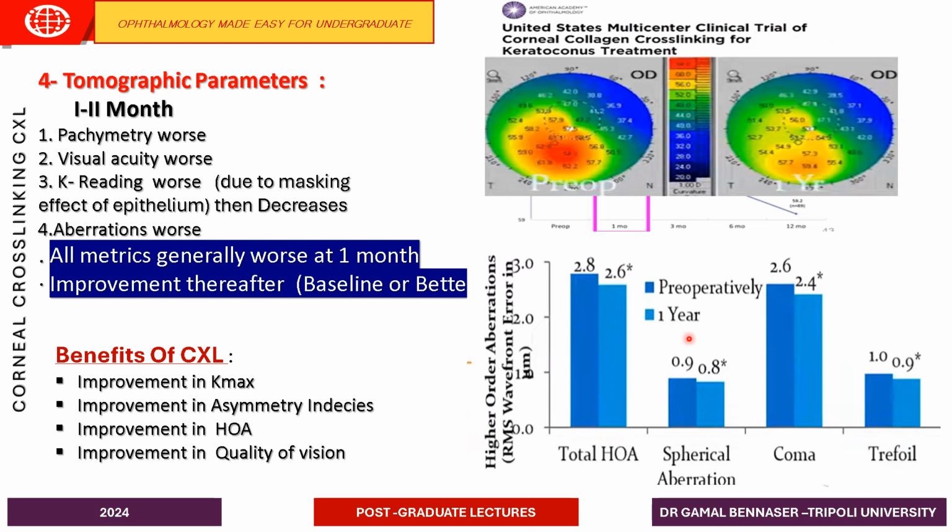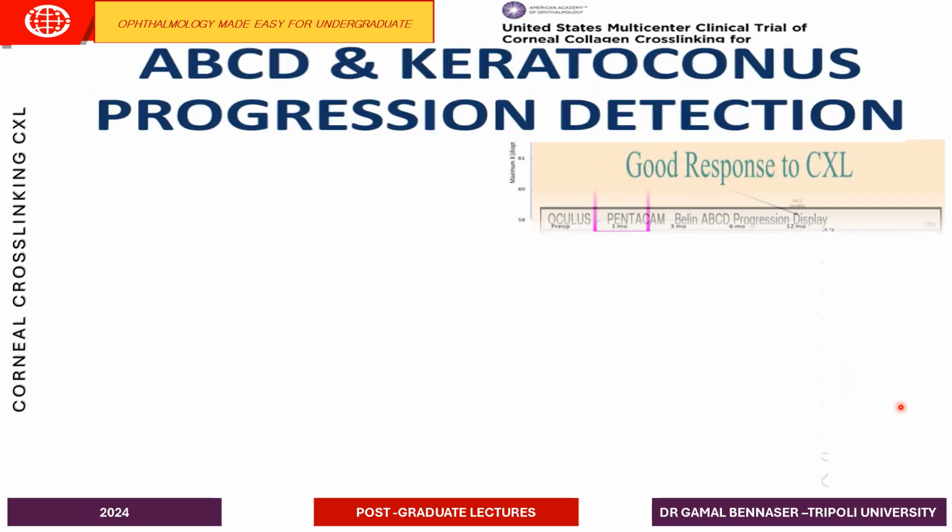And if we specify the details of these aberrations, which are made up of spherical aberration, coma, and trefoil, all these types of aberrations have been significantly reduced between the two groups, the operated group and the non-operated group. So this indicates that tomographic changes are significantly related to the cross-linking technique.